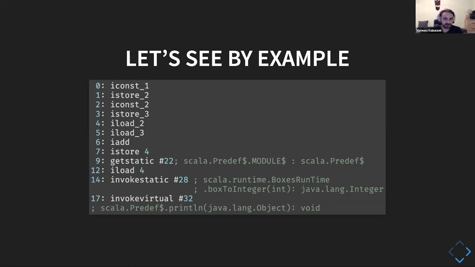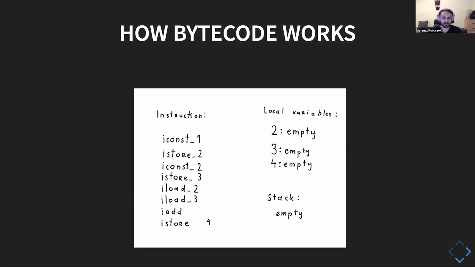So if we wanted to execute this code, how would it look? Let's take a sheet of paper and write everything down. Let's start with the part where we are adding two variables and putting the result into the third variable. What the JVM would see is those instructions that we execute in consecution.